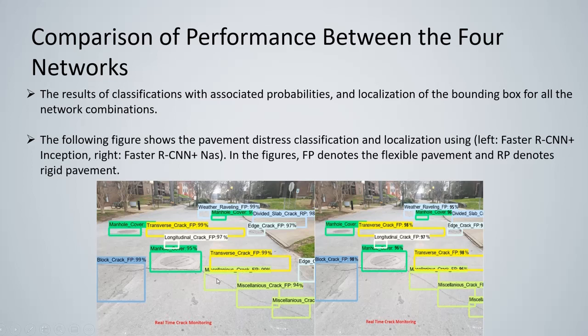If the model fails to detect any types of crack, it classifies the crack as a miscellaneous crack. P means flexible pavement and RP means rigid pavement. For example, this crack is a transverse crack and the model is 99% confident that this one is a transverse crack.